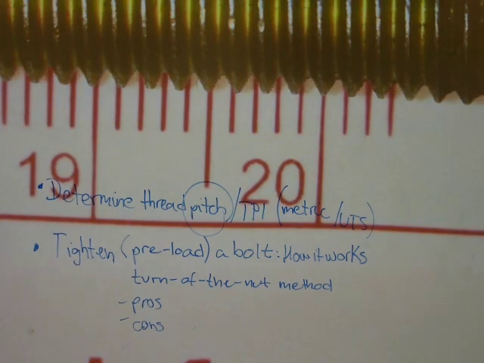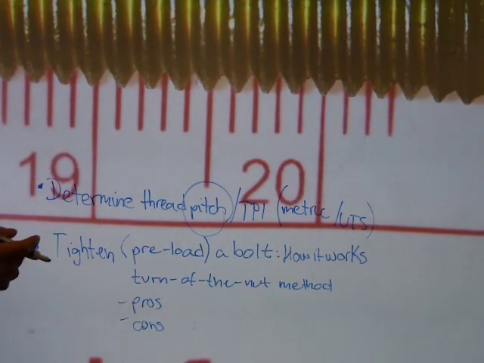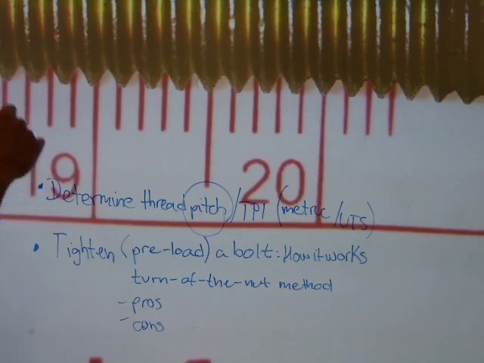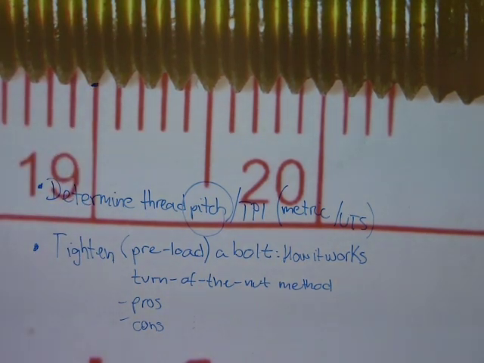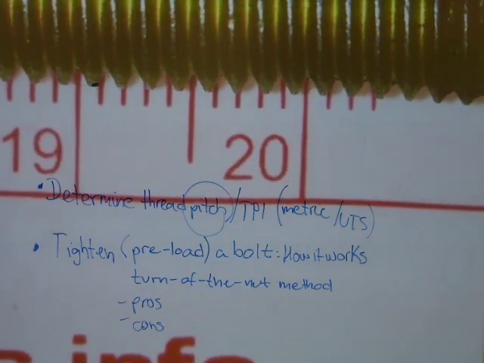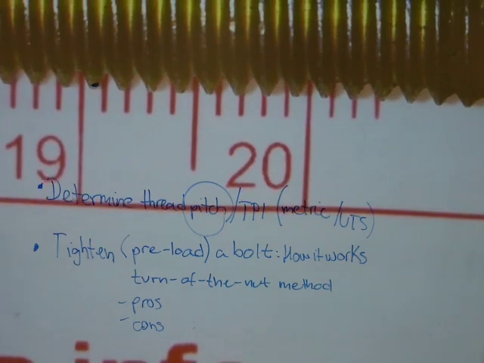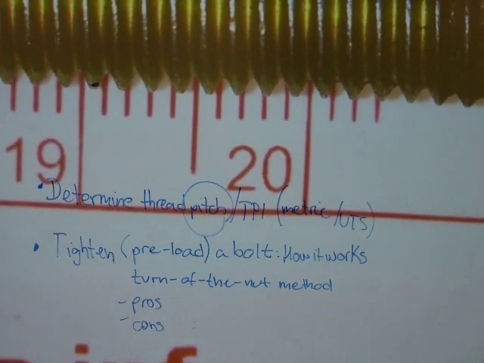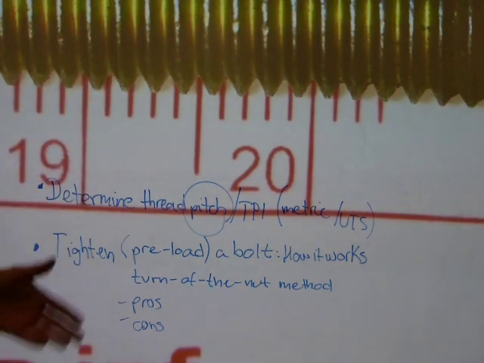On a metric thread, determining the thread pitch is very similar to the imperial method. Let's start at a root on this one.